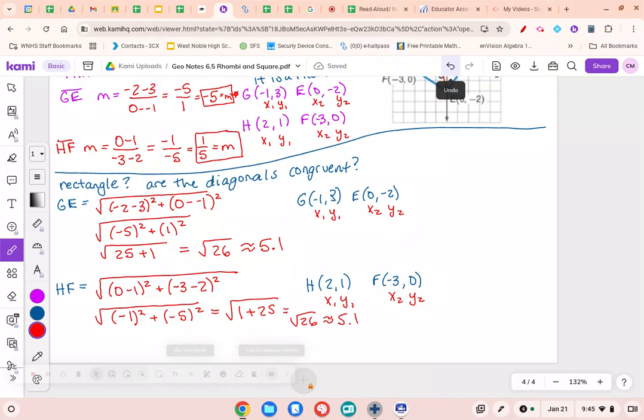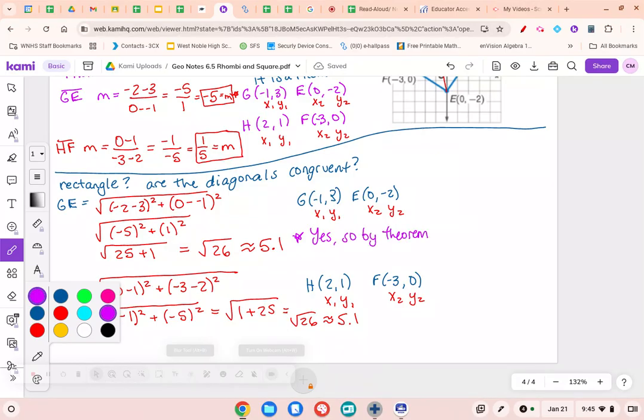So these diagonals are the same length. So we can say the answer to our question, are the diagonals congruent? Yes. So by theorem 6.14, it is a rectangle.